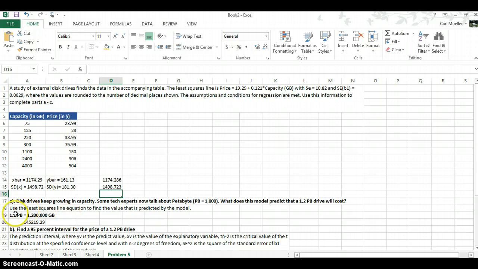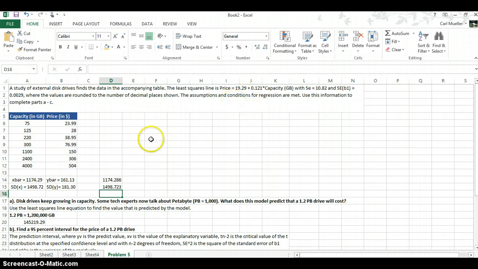So 1.2 petabytes equals 1.2 million gigabytes. That is a key thing in terms of the verbiage, just converting it. So how do we do this? Essentially, we are just inputting this conversion into our equation up here, 19.29 plus 0.121.